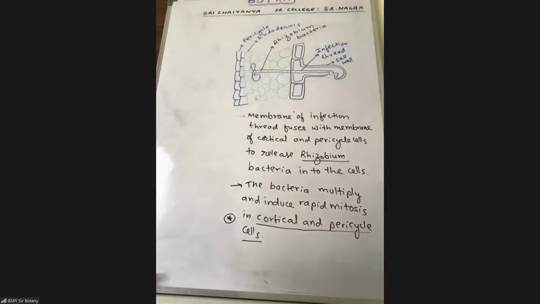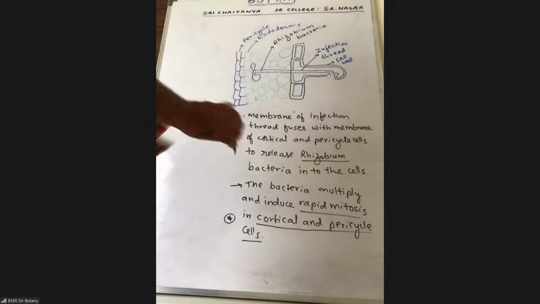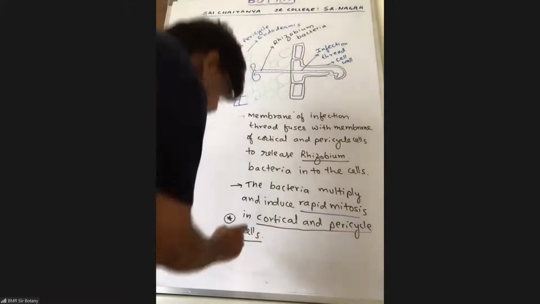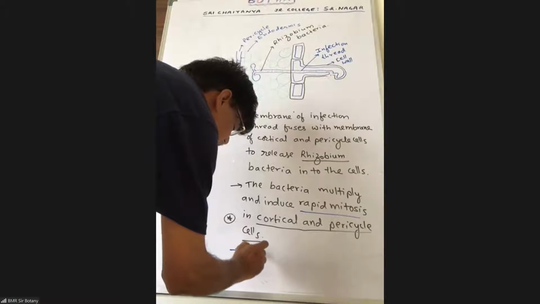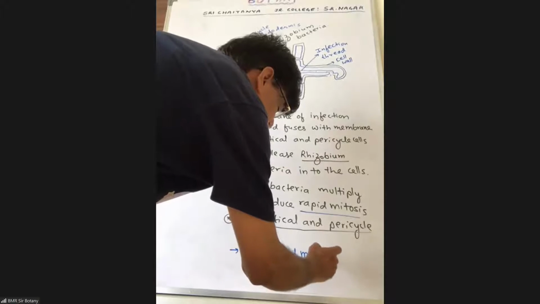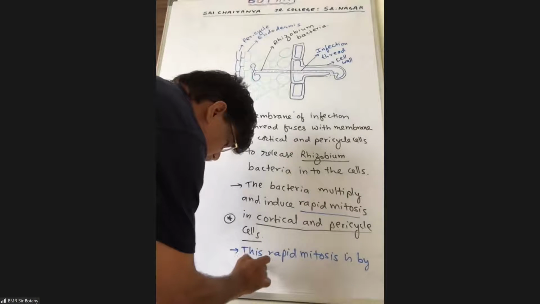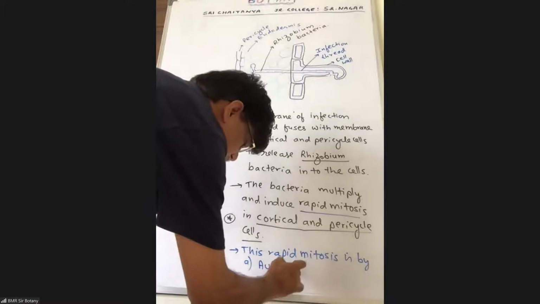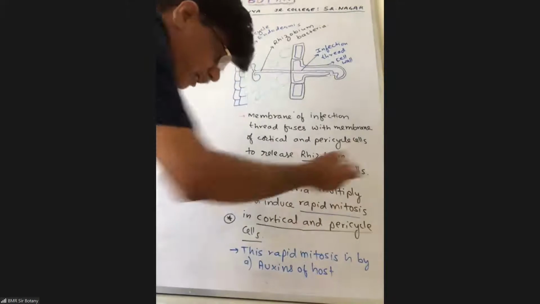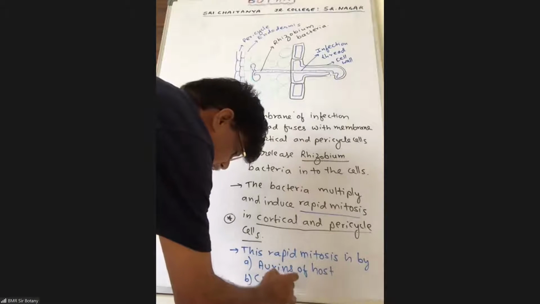How is that rapid mitosis, Nana? The rapid mitosis is influenced by auxins of the host and cytokinins of the bacteria. Another important thing. So this rapid mitosis is by auxins of the host. The host is induced to produce auxins for rapid division by the bacteria again. But cytokinins are by the bacteria.